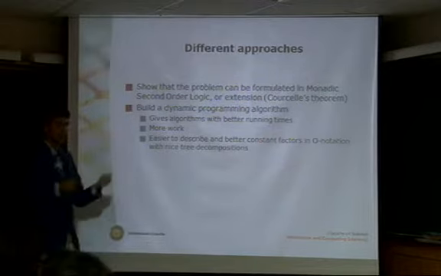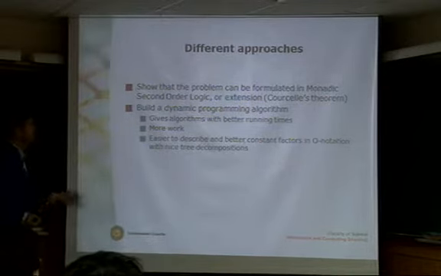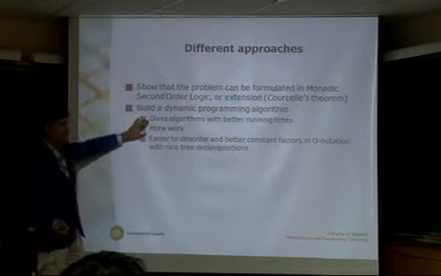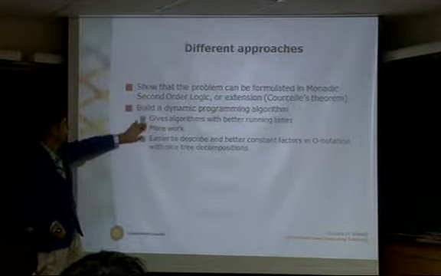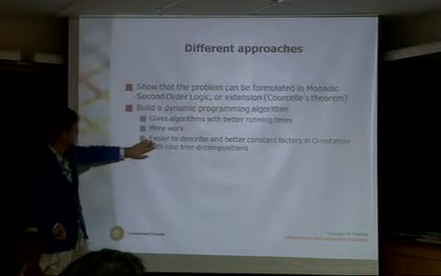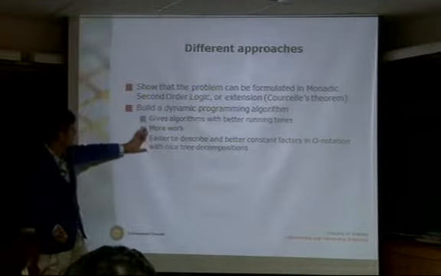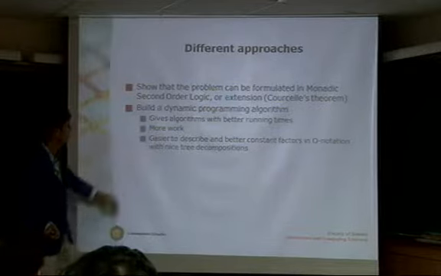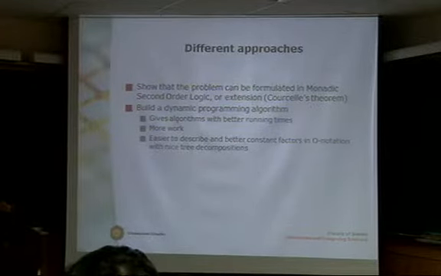And the other is to make the algorithm yourself. Of course, this gives in practice better algorithms with nicer running times. Of course, it's also usually much more work. And what I also did to describe these, it's handy to have so-called nice tree decompositions.